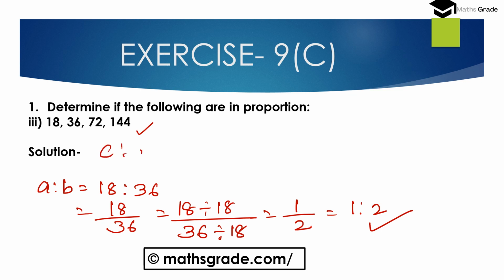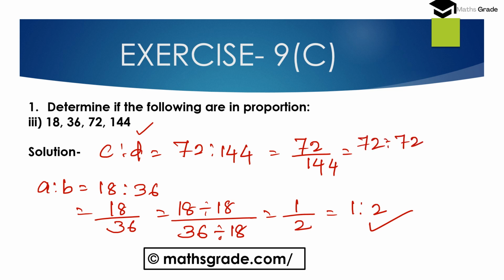Now C is to D. C is to D is 72 is to 144, which is equal to 72 divided by 144. Between 72 and 144, 72 is the common ratio. So divide the antecedent 72 with 72 and the consequent 144 with 72.